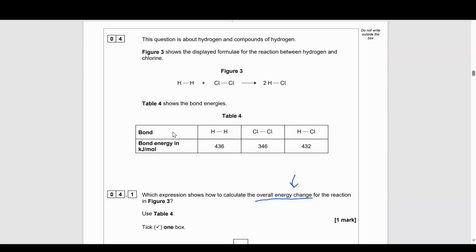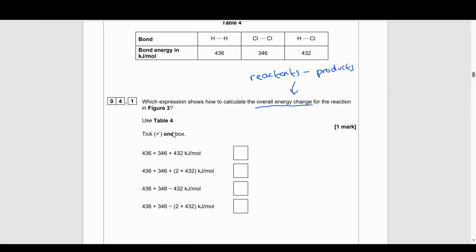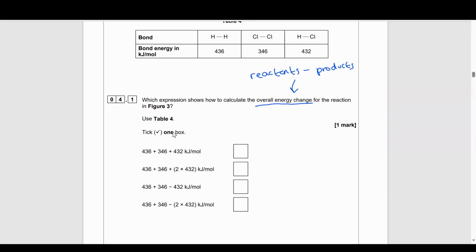Well, overall energy change is going to be reactants minus products. So realistically, we are trying to look for one of the expressions that has some values subtracted from other values. If you look at the first one, there's no subtraction there, so it can't be that. Look at the second one, there's no subtraction, so it can't be that either. So we already know that it's got to be one of these two bottom ones here.